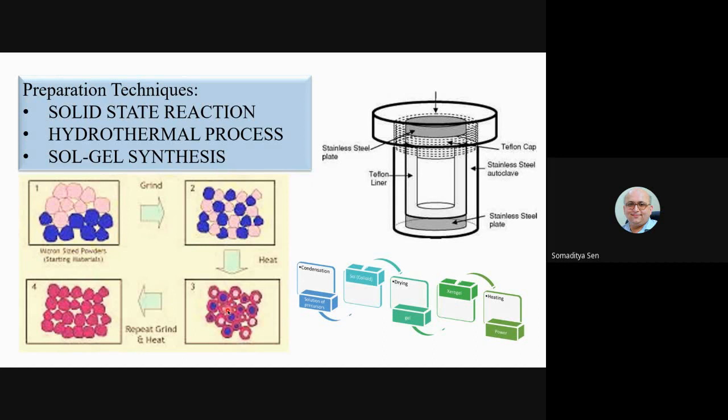But then some ideas came in where liquid-based preparation techniques were taken. The two of them are hydrothermal and sol-gel processes. I'm not going into the hydrothermal process because, although I grow hydrothermally grown modified zinc oxide, there are a lot of ambiguities in this process.